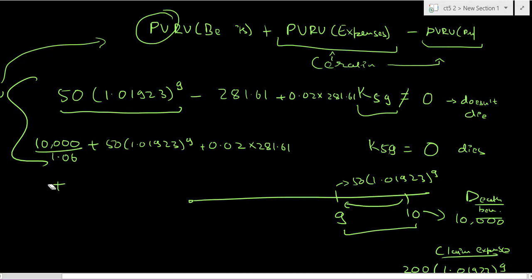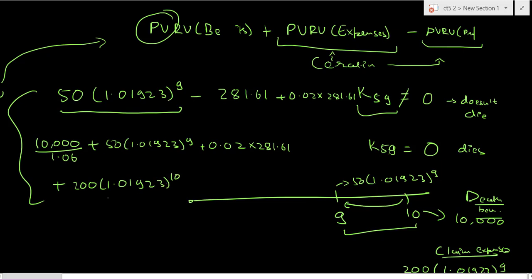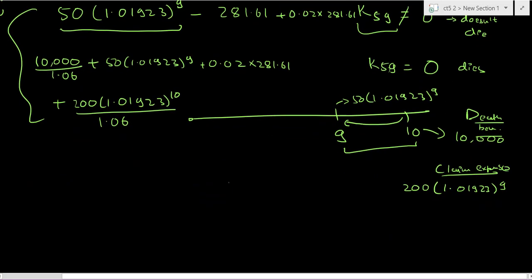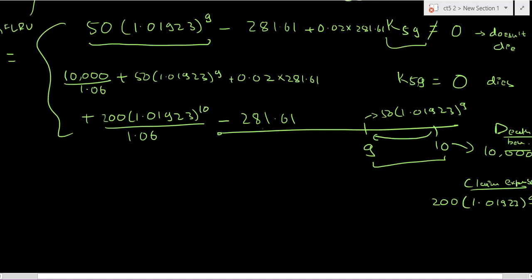This expense is of 200. It would have increased by this time because this is our time 10 now. This would have increased for 10 years, and this needs to be discounted for 1 year as well because it is payable at time 10, right? And apart from that, there is the premium, so you need to deduct 281.61, right? So this is your entire expression for this gross future loss random variable.